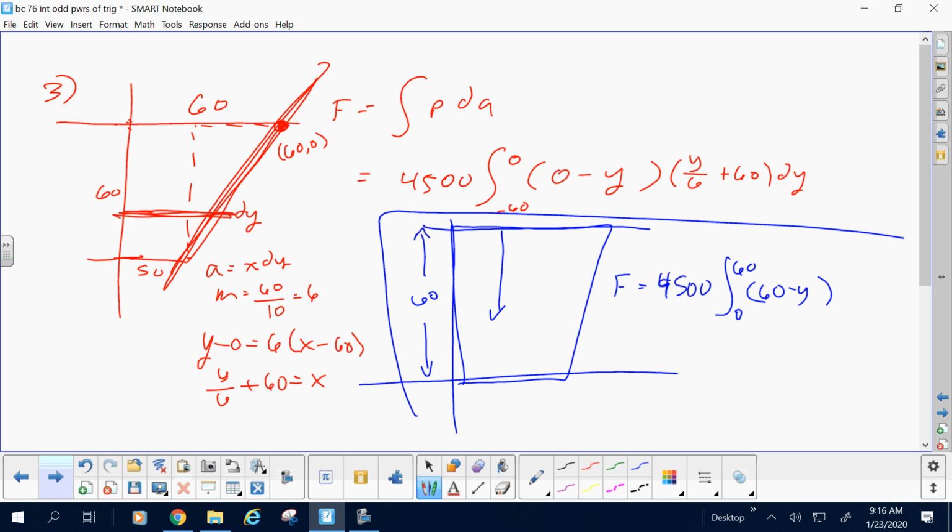Area is still base times height, but now the equation's different. The slope is still 6. Now the point is 50, 0. So the equation's going to be more like y equals 6 times x minus 50. And therefore, solve for x: y over 6 plus 50 dy. Yeah?